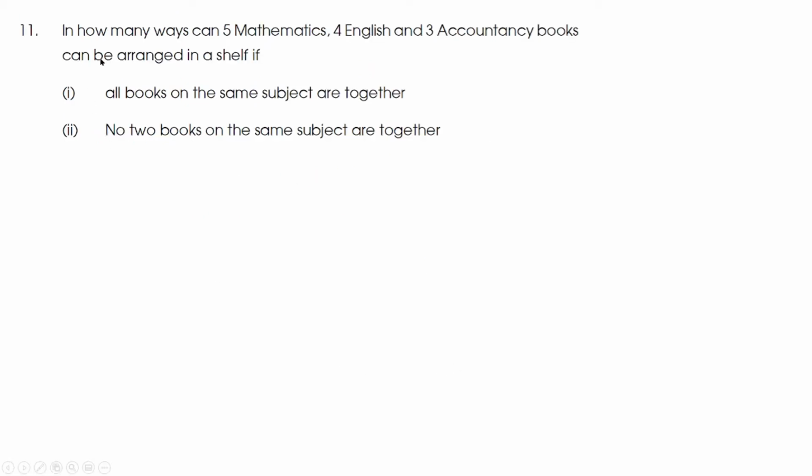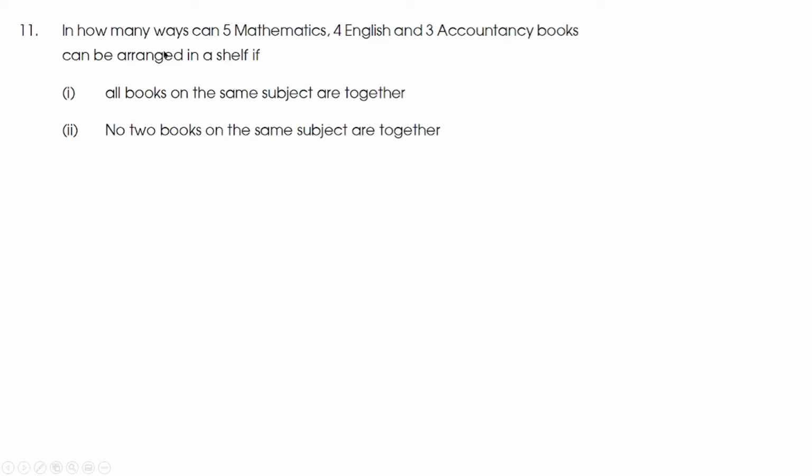Next question: in how many ways can 5 mathematics, 4 English and 3 accountancy books be arranged in a shelf if all books on the same subjects are together, and if no 2 books on the same subject are together.